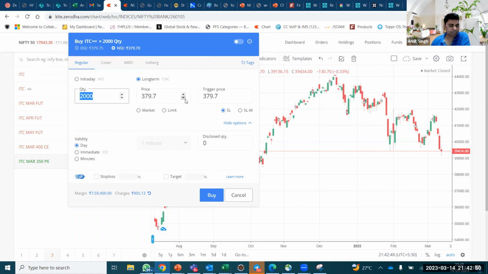Clear? Okay. Now let's say this ITC stock falls by 70 rupees over the next 1 month. So 70 rupees multiplied by 2000, how much is it? 1.4 lakh, which means the 7.6 lakh investment will come down to 6.2 lakhs.